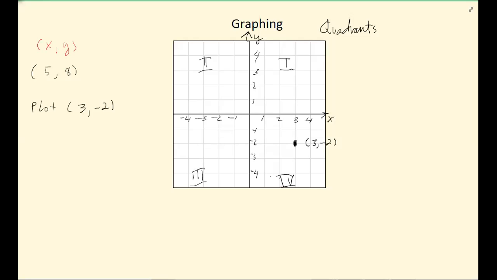Right in the center of the whole business is what's called the origin. The origin has coordinates 0, 0.